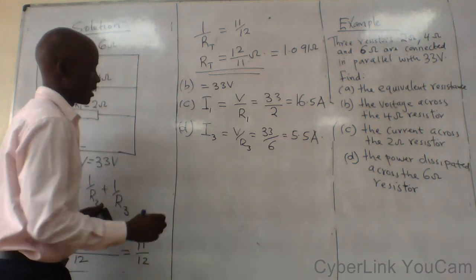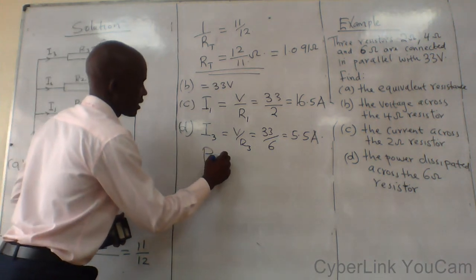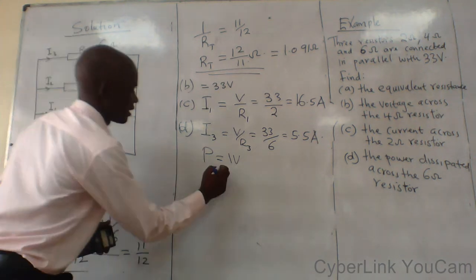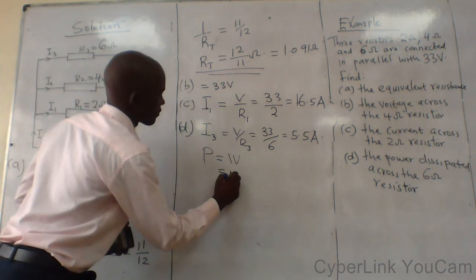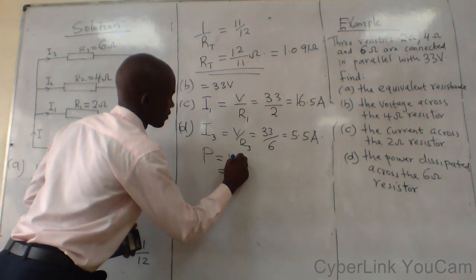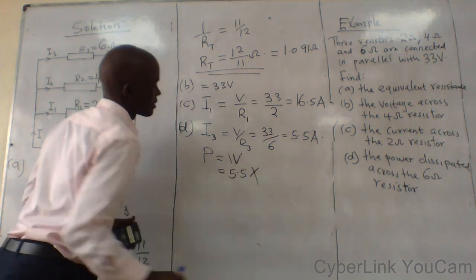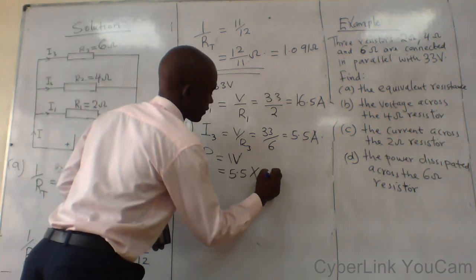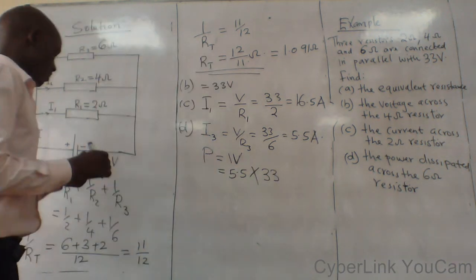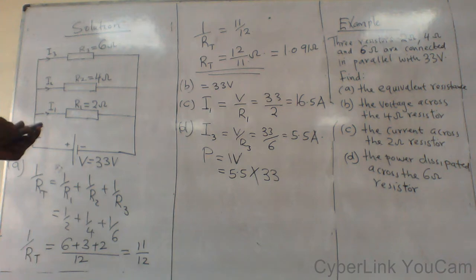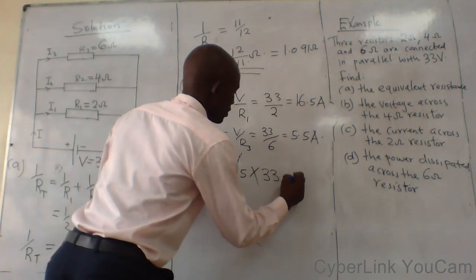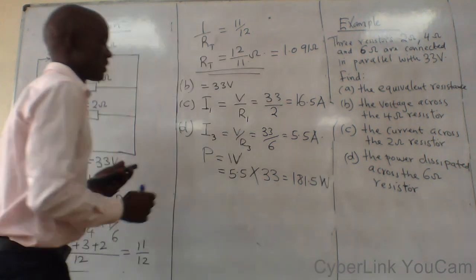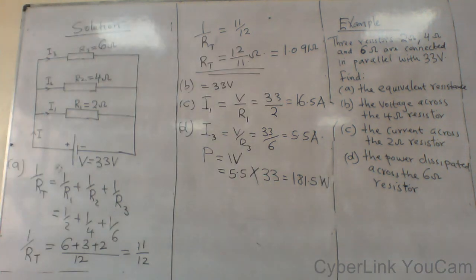Remember, what we asked is power. Power is equal to IV, current times voltage. So the current is 5.5 times the voltage, which is 33. If you multiply by 33, you will get 181.5 watts. Remember, the SI unit of power is watts.